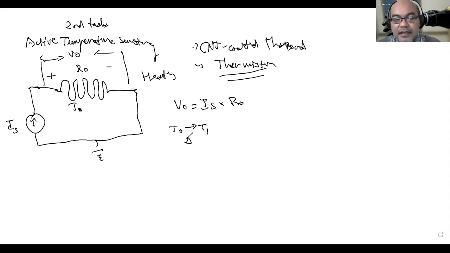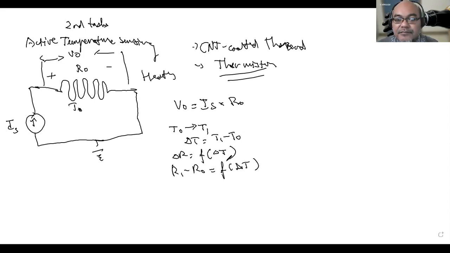So delta T, the temperature change, equals T1 minus T0. As a result, the resistance will also change as a function of this temperature change. Delta R is a function of delta T, so you will have R1 minus R0 as a function of delta T.